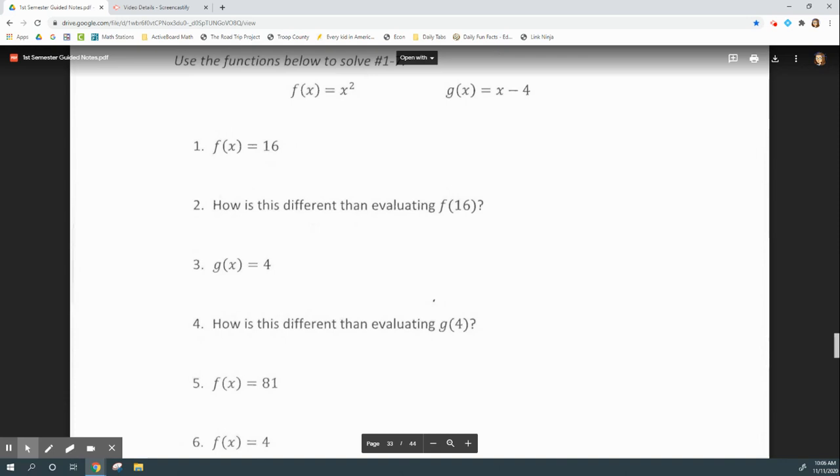Then number 4 is asking you, what if we're looking for g of 4? If we're looking for g of 4, what value do we know? X. X is what? 4. So now I'm going to take this, and we know g of 4 equals what?